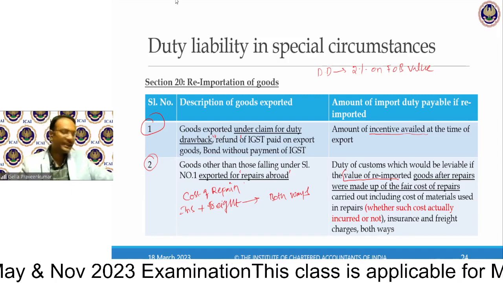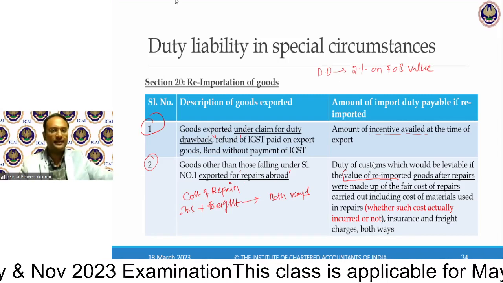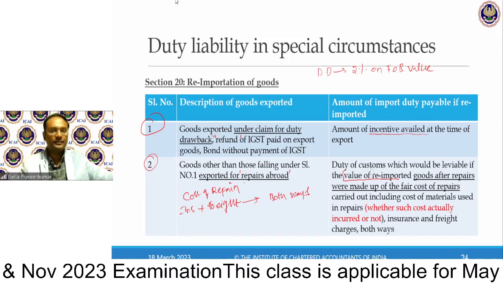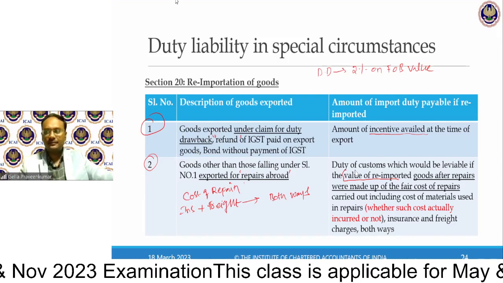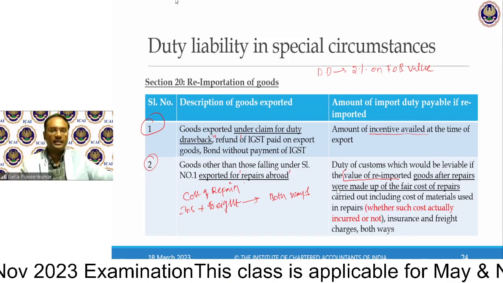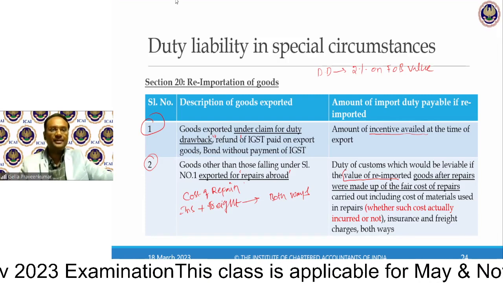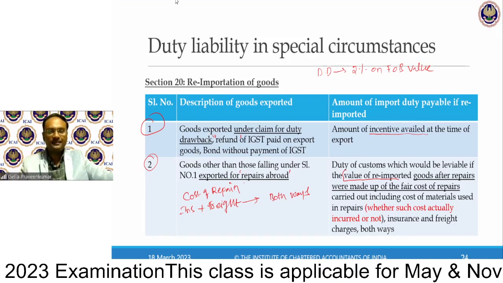Our technical team says that now it is working fine. Hope you're able to see it properly. Okay. Done. Students, it seems the issue has been resolved. Hope it is working fine now.